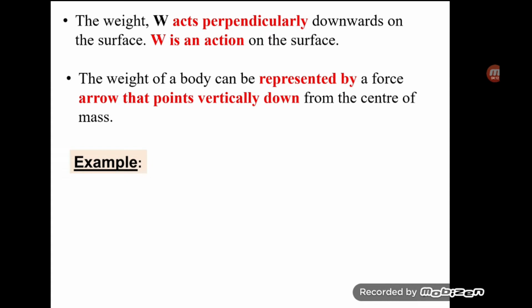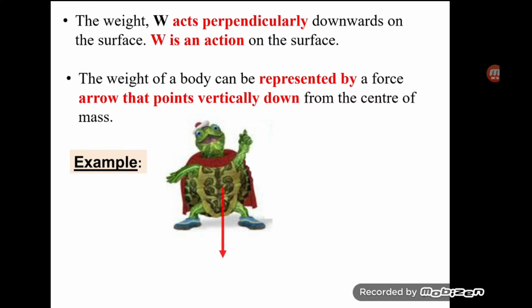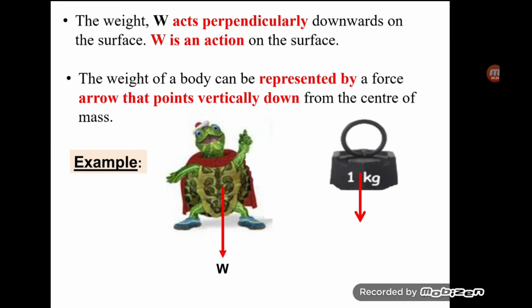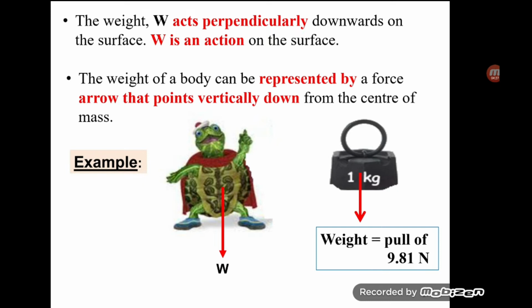Example, look at the picture. Weight is always downward. The value of weight for the 1 kilogram mass bag is 9.81 newtons.